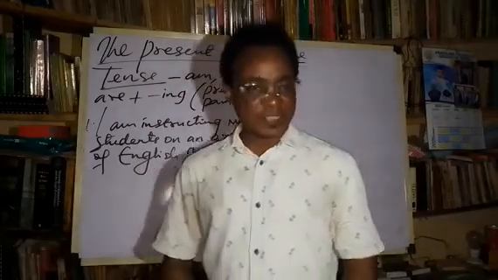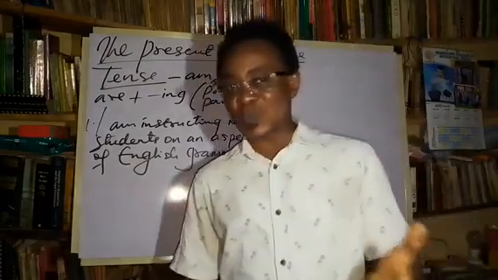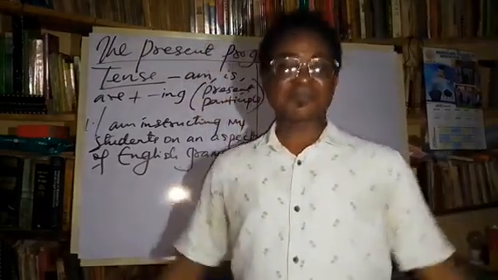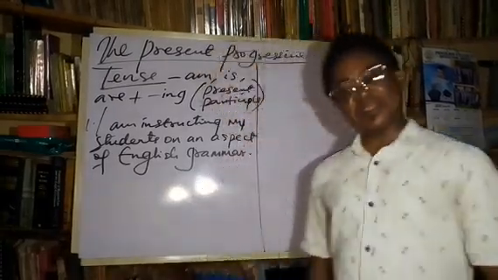I am instructing my students on an aspect of English grammar. Isn't that what I'm doing at the moment? That is why it is present progressive. It is going on at the time when I'm speaking about it.